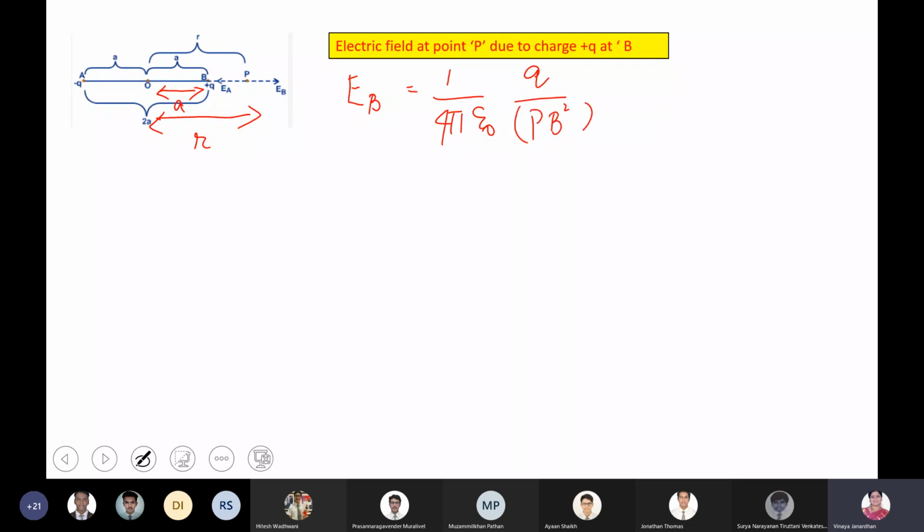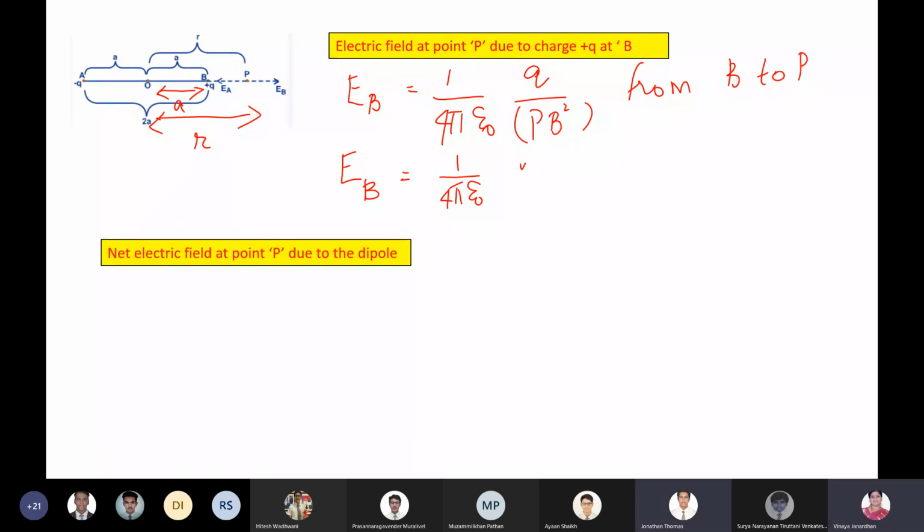Now that will act from B to P. Is that fine? So what is PB squared? Can someone tell me from the diagram, what is the value of PB?